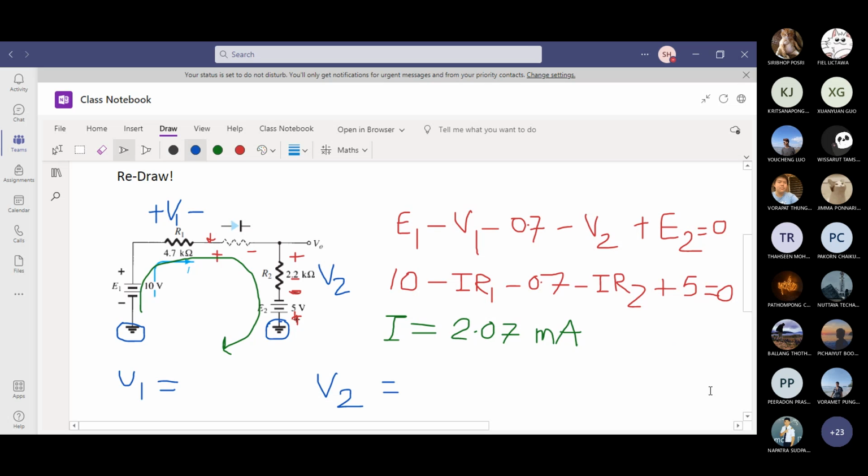So is silicon here? Yes, teacher. Can you find V1? Calculate V1, please. And Mr. Wisalut, or is it Wisalat?